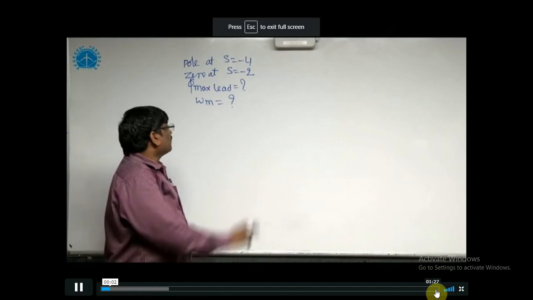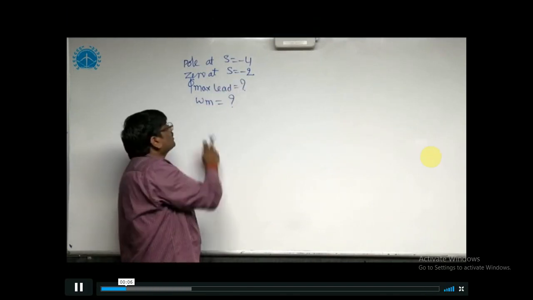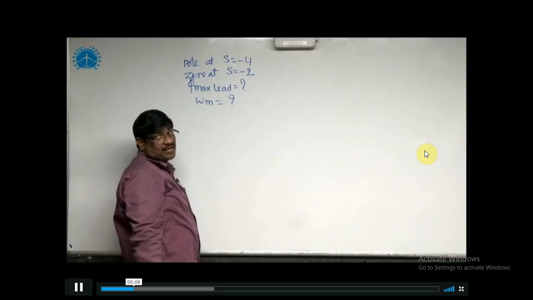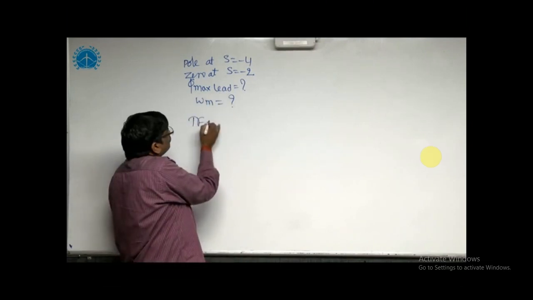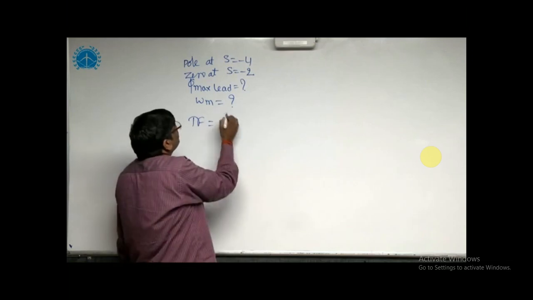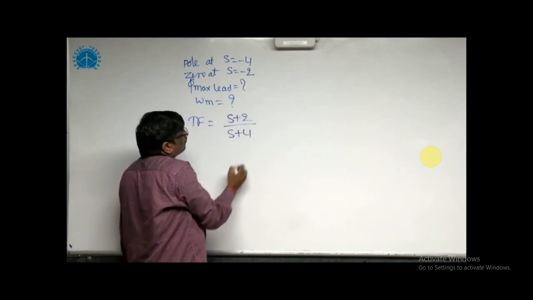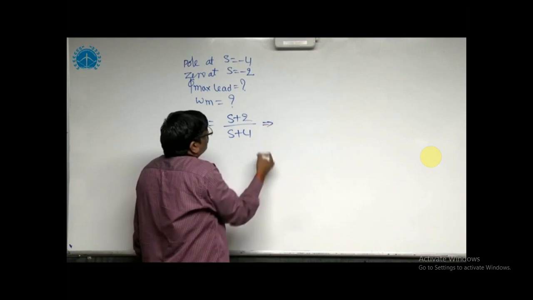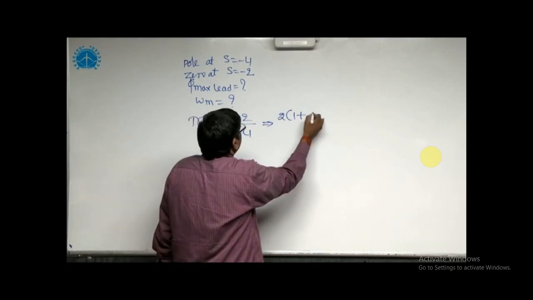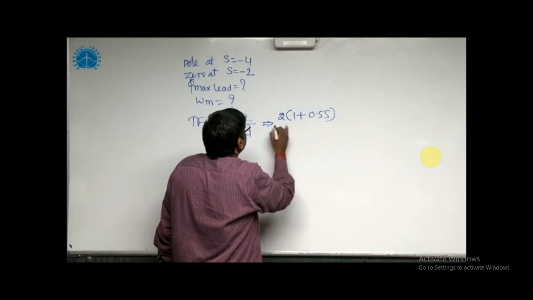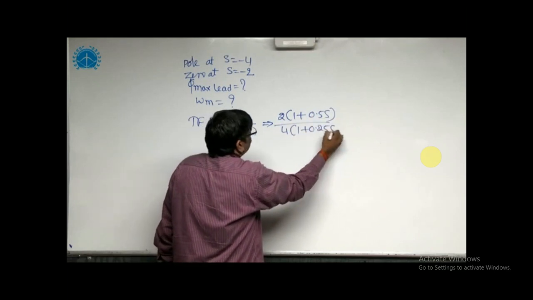In this problem, given the pole at minus 4 and zero at minus 2, they are asking what is the maximum phase lead angle and at what frequency it occurs. If we write a transfer function for the given information, you will get (s plus 2) divided by (s plus 4). Convert into time constant form. Then, taking 2 common, you get 1 plus 0.5 s, divided by 4 taken common, 1 plus 0.25 s.